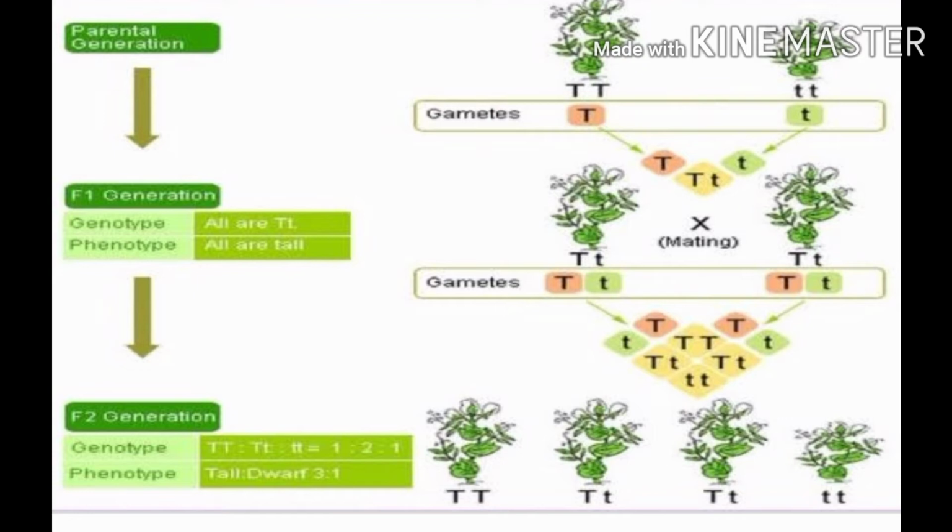While in the F2 generation you will notice that the genotype is capital T capital T, capital T small t, and small t small t. In F1 generation, the genotype of all plants is the same. But in F2 generation, the genotypes of the plants are in the ratio of 1 is to 2 is to 1.